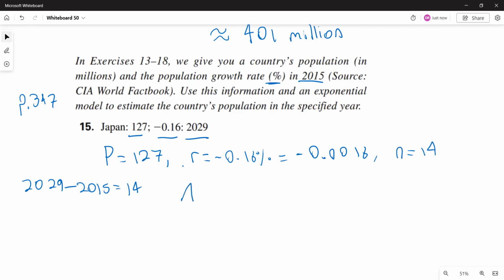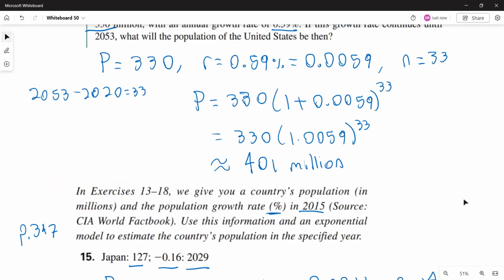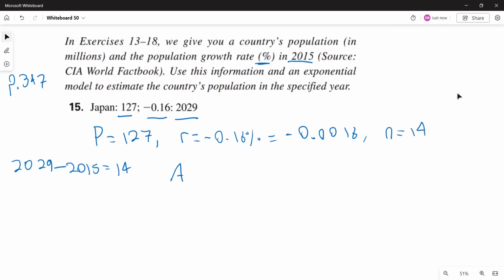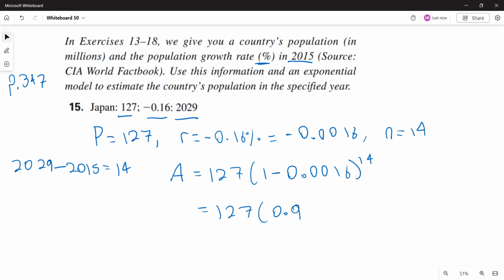And for the population, I should not have used the word P. Well, I already did it, but it should have been more like A. So A is 127 times 1 minus 0.0016 raised to the 14th power. 1 minus 0.0016 is 0.9984 raised to the 14th power.